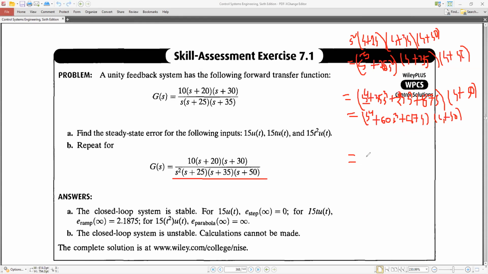Okay, do the calculation. s to the power 5 plus 50 s^4 plus 60 s to the power 4 plus 300 s cube plus 875 into 50. 875 into 50 means 43750.